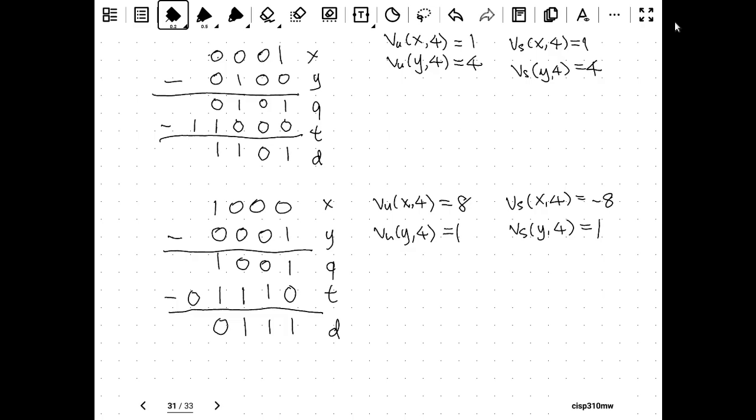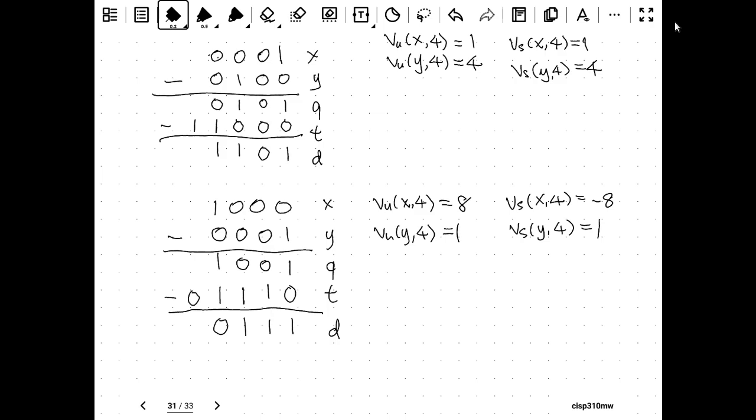But when we are comparing, it does matter, because 8 is less than 1 is false. On the other hand, -8 is less than 1 is true. So once you know that you are comparing the 2-bit patterns, it matters whether it is supposed to be signed or unsigned.